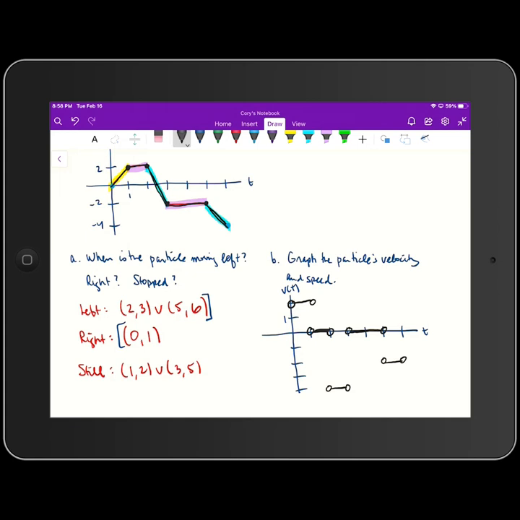The only thing that's going to change whenever we graph speed, speed is the absolute value of velocity. Okay, so if we want to graph speed, we would just take these parts of the graph here that are negative, and then we would reflect that graph across the t-axis.